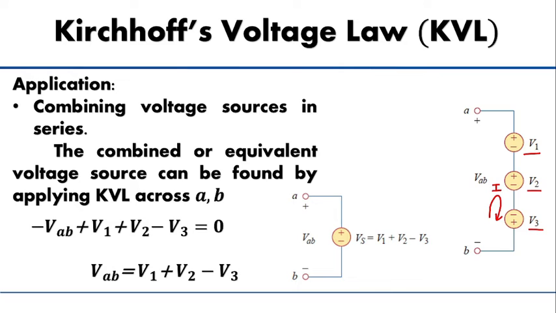We have the equation minus VAB plus V1 plus V2 minus V3 is equal to 0. Rearranging this, we have VAB is equal to V1 plus V2 minus V3. Therefore, this circuit of three different voltage sources connected in series can be converted into a single voltage source of the equivalent value V1 plus V2 minus V3.